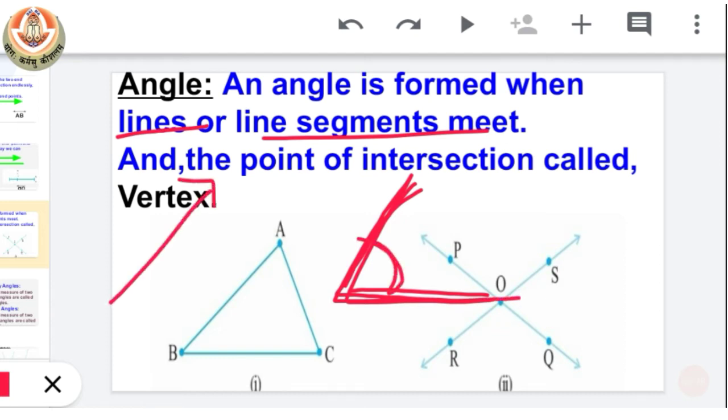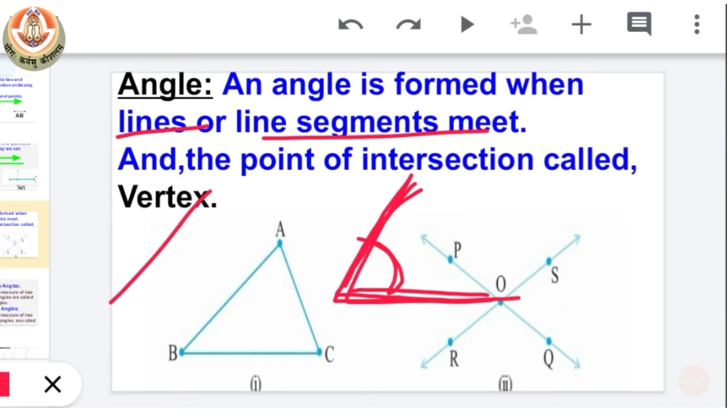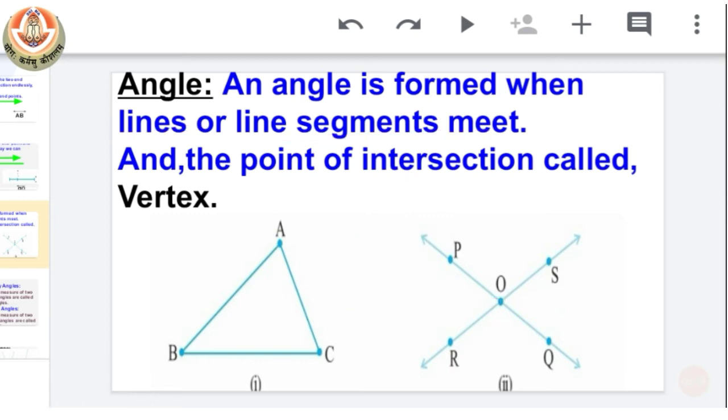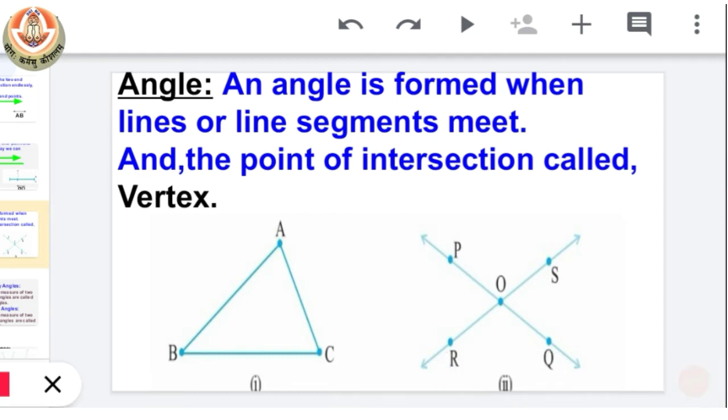Similarly, when we take two lines and we intersect them, we have four angles formed with the help of these two lines. You can see in this figure also how a line and line segment help form angles.